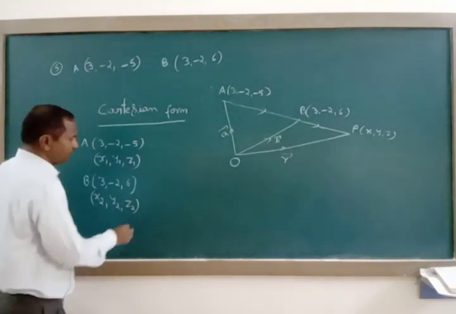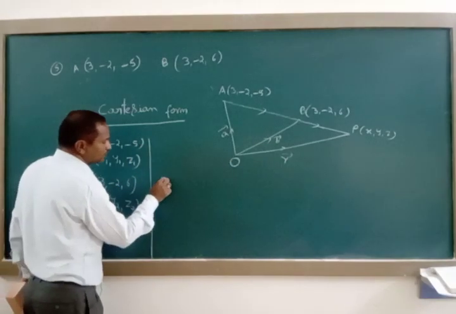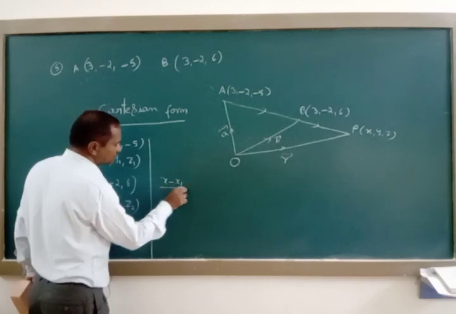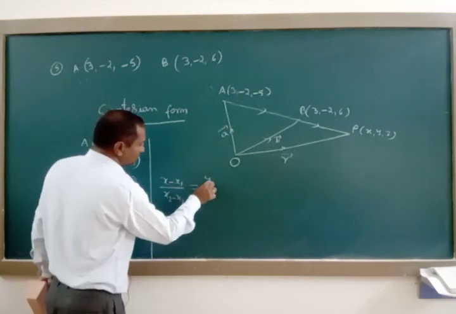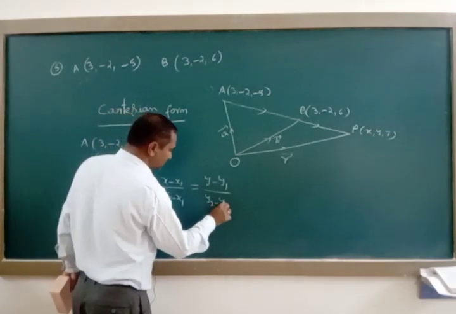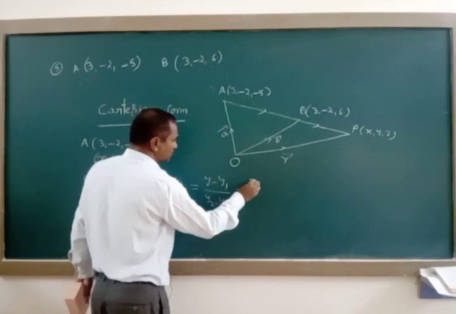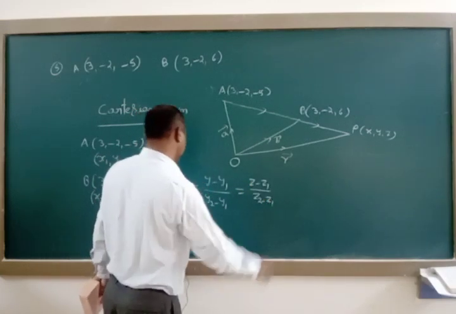Then the equation of the straight line, and here I am writing that formula: (x minus x1) divided by (x2 minus x1) equals (y minus y1) divided by (y2 minus y1) equals (z minus z1) divided by (z2 minus z1).